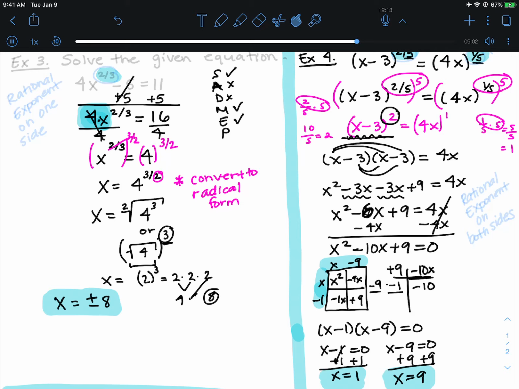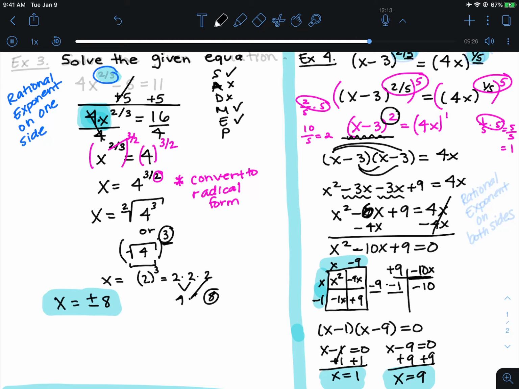So just a clarification, maybe an explanation to all this. Basically, example number 3 is when you have a rational exponent on one side. So that's what we had here.